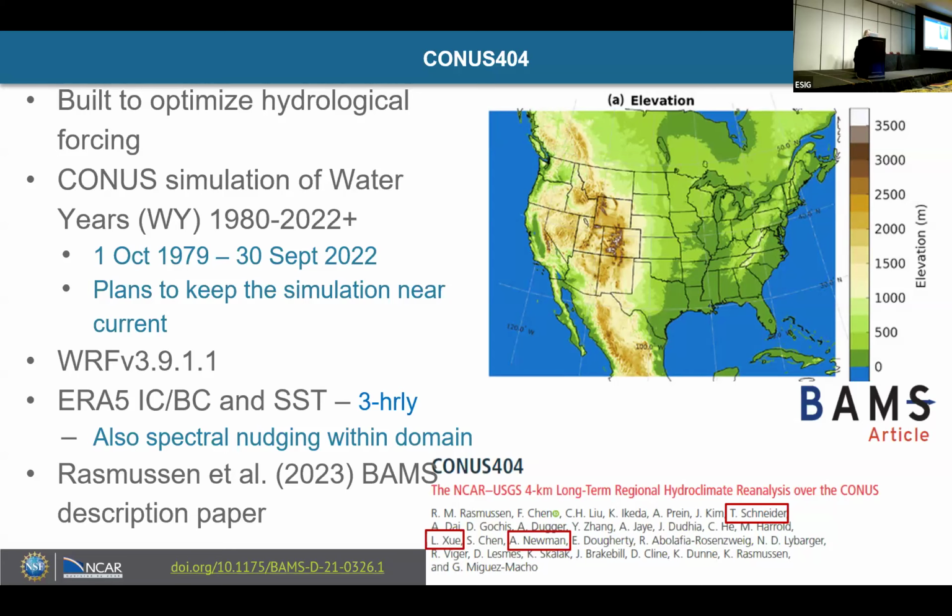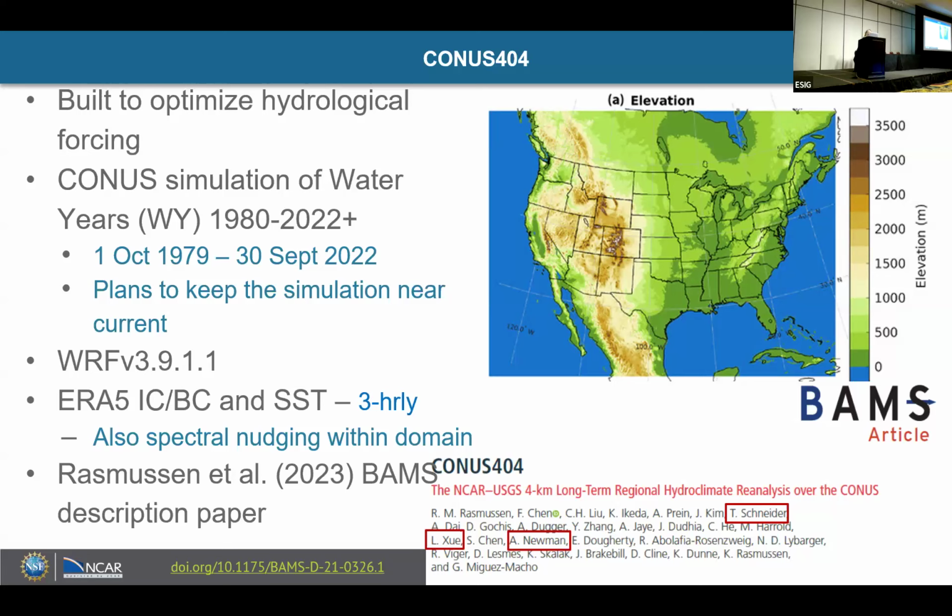Now, we just heard from Jim all the issues with ERA5. And this begins with the assumption that most of those biases are due to bad resolution. So they needed to be able to downscale ERA5 with a much higher resolution model.